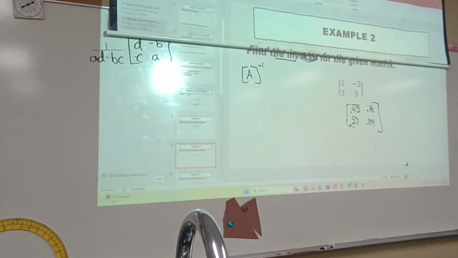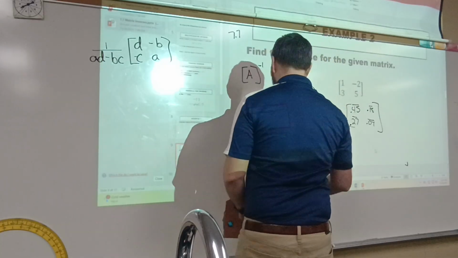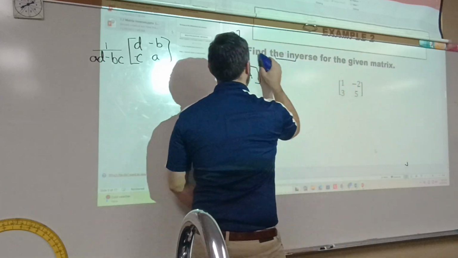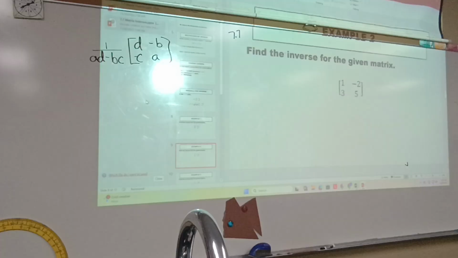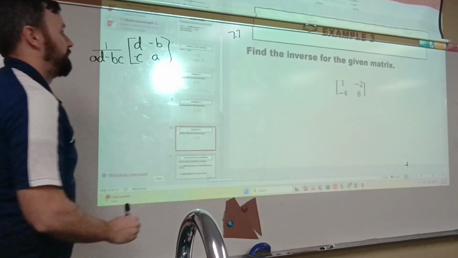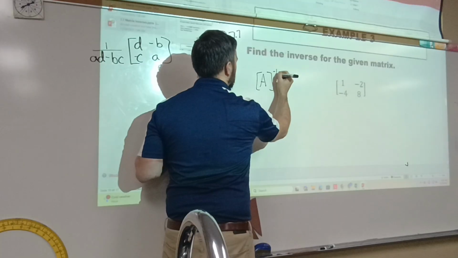Let's do something fun. Did anyone do this one longhand? Your determinant was 11. All right, 1 over 11. So example 3, I plugged it in my calculator, and I hit A to the negative 1.